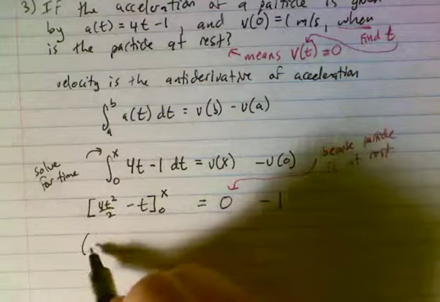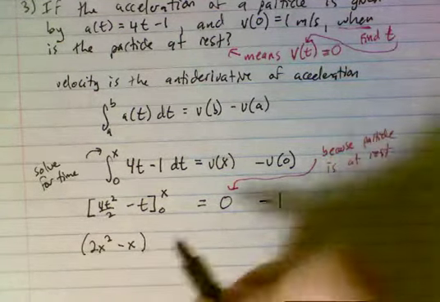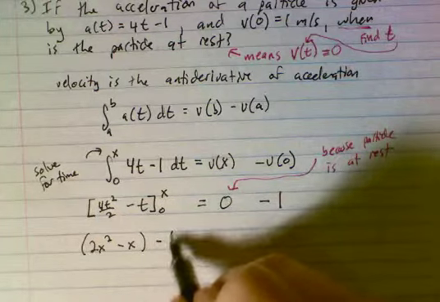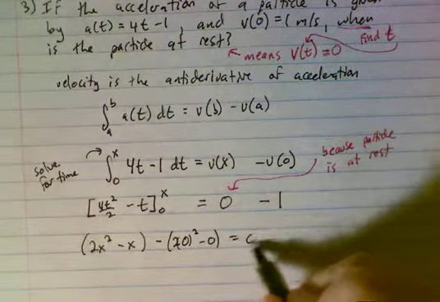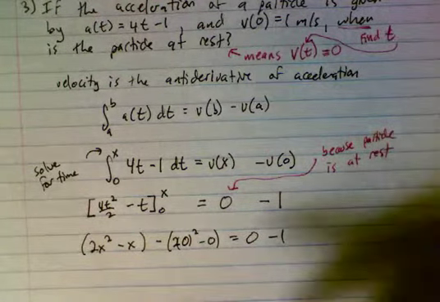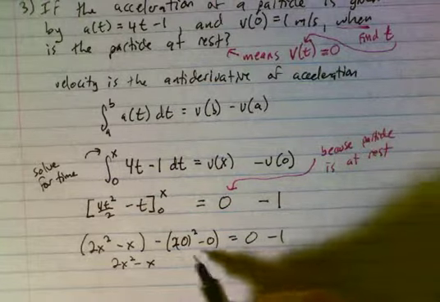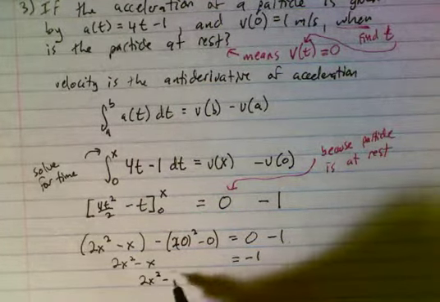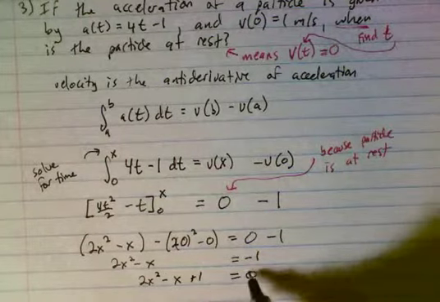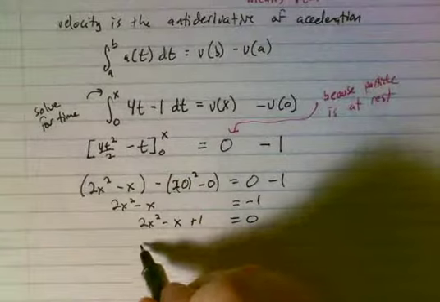So that's 4 divided by 2 is 2x squared minus x minus 2 times 0 squared minus 0 equals 0 minus 1. So 2x squared minus x equals negative 1. Add 1 to both sides. Now we can just solve that by factoring.